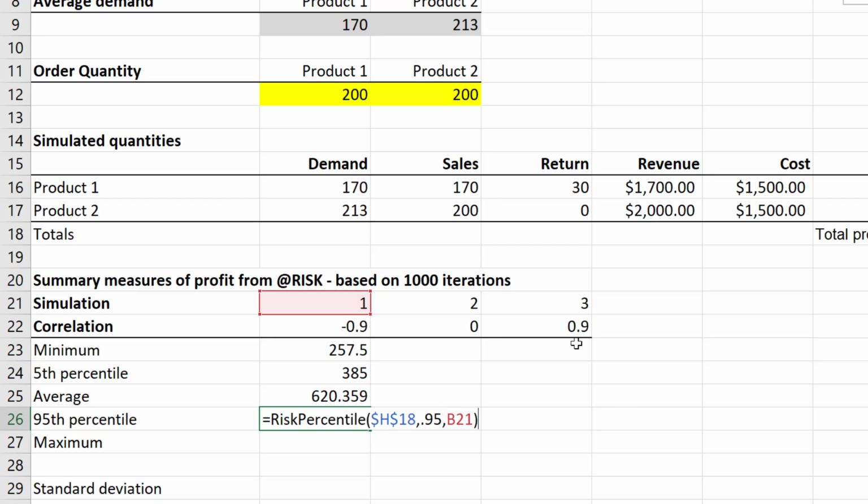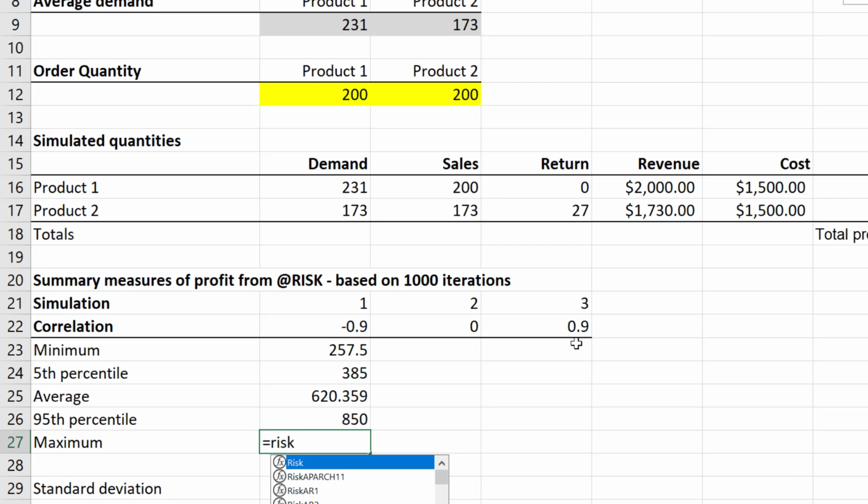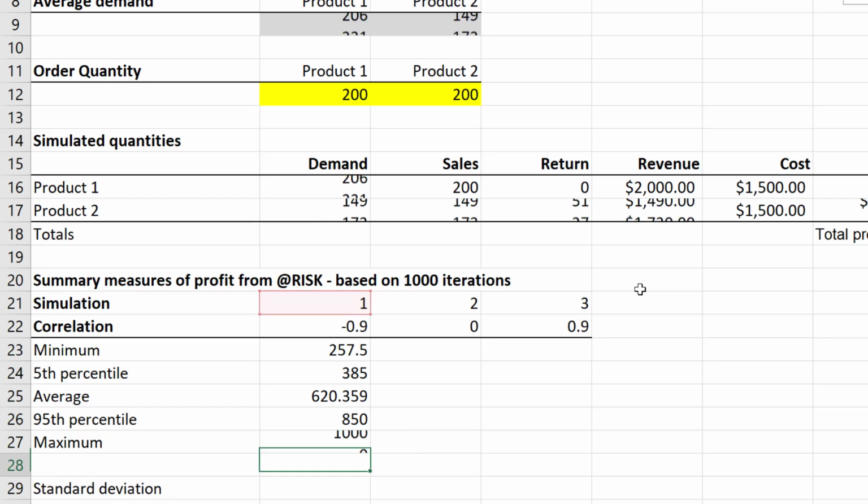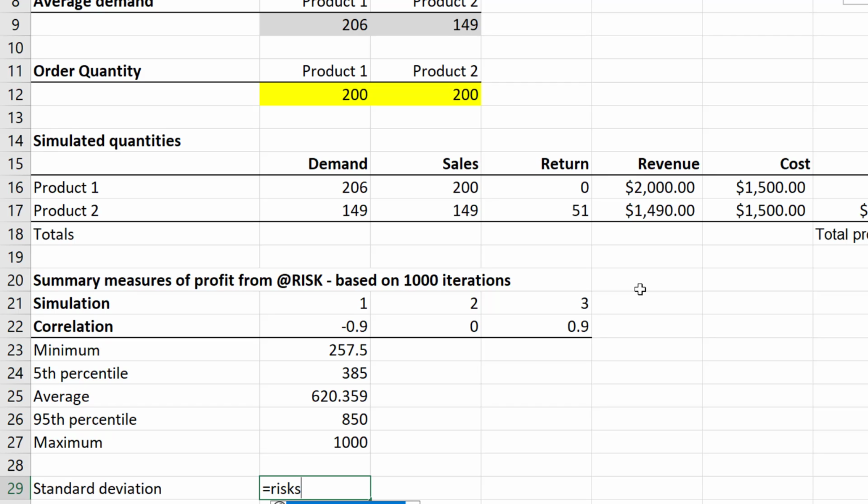and the first simulation. And then we can do RiskMax of profit, F4, and then the first simulation, and then the standard deviation of profit.